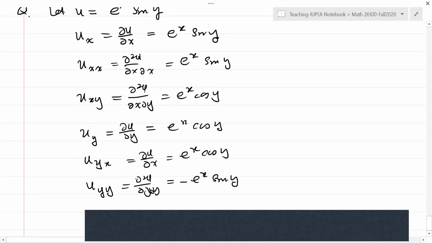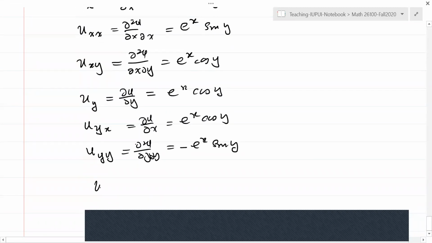All right, so what can we find out? We discovered 2 things. First of all, we see that u sub xy equals u sub yx. They are both equal to e to the x cosine y.